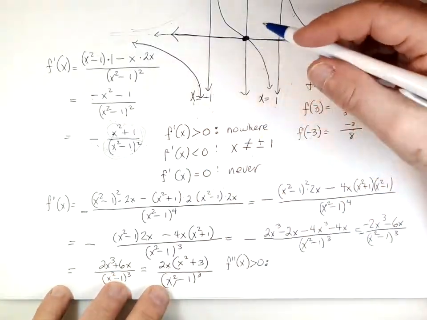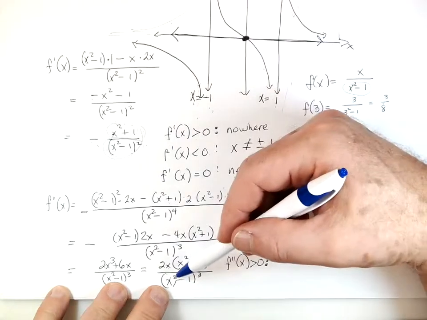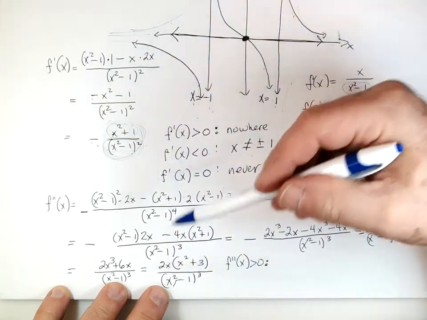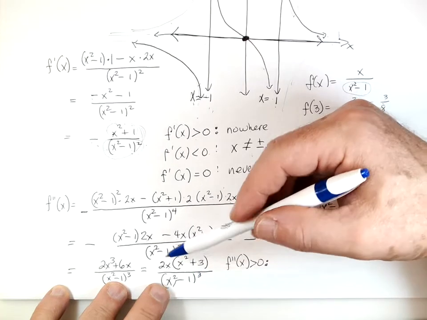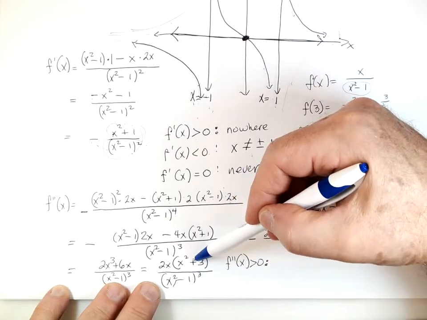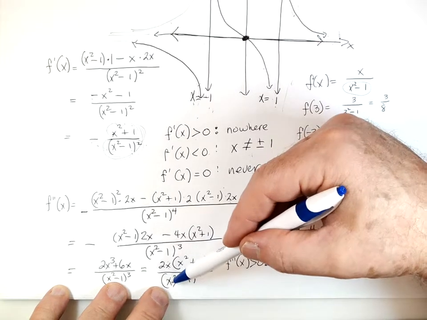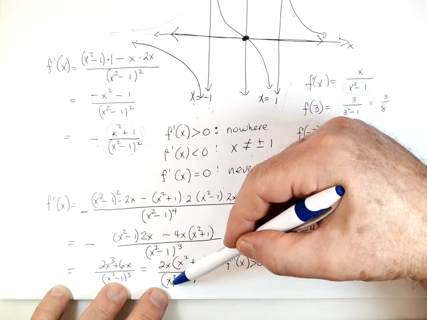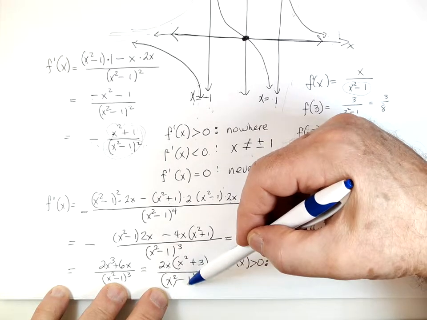Watch this. When x is less than -1, let's break it up just like I have it here. When x is less than -1, this is going to be negative, and this is going to be positive. When it's less than -1 and I square it, it's going to be greater than 1, and this will be positive.